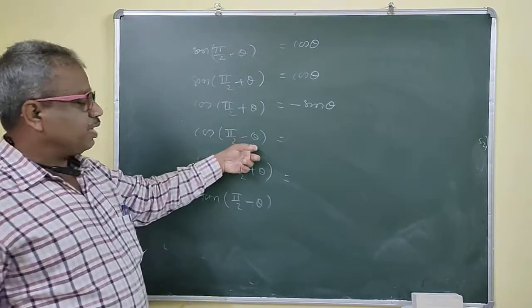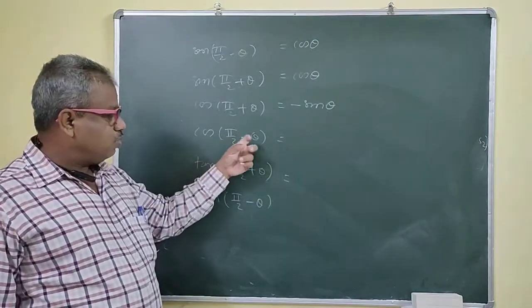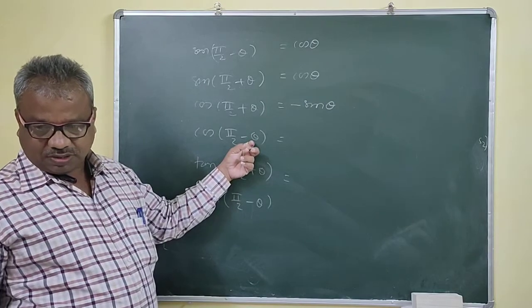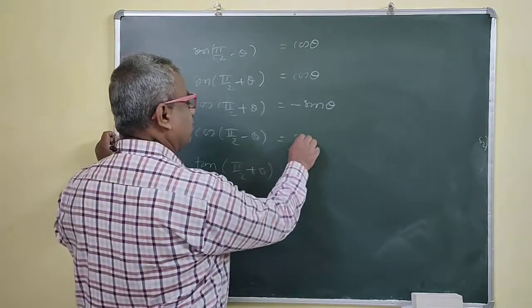So cos pi by 2 minus theta is what? Cos pi by 2 cos theta, again the first term is 0. Then this is sin theta.